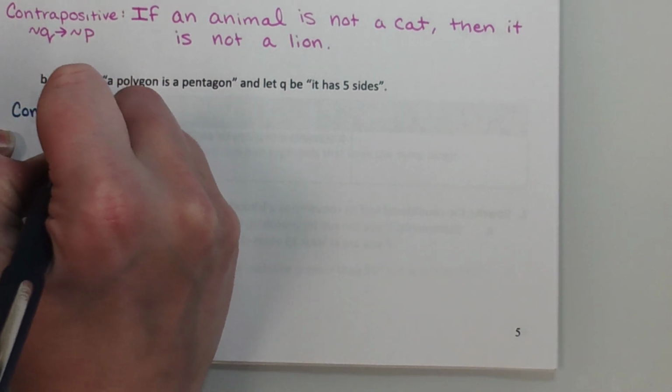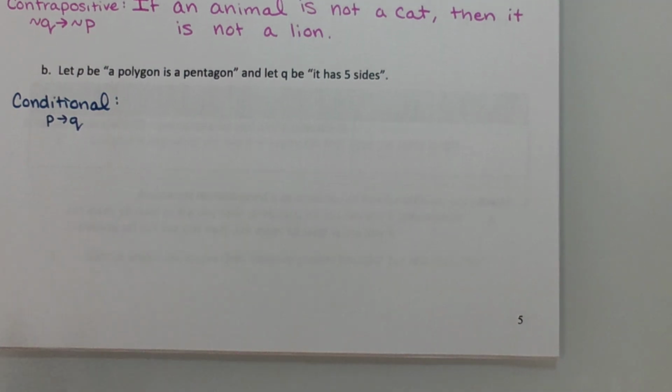It's the simple one, P, Q. Jesus, what is the subject or the item that we're talking about in this sentence? A polygon. Which means every single one of these sentences is going to start with if a polygon.